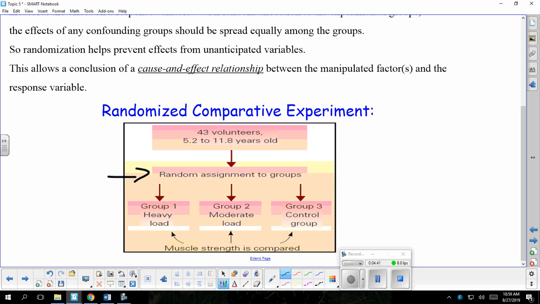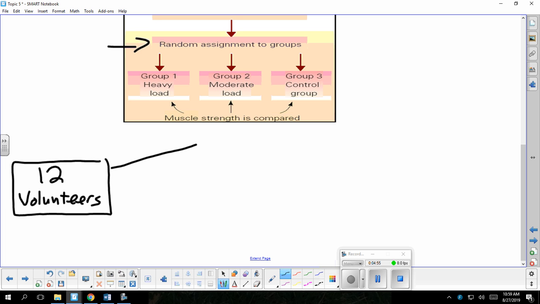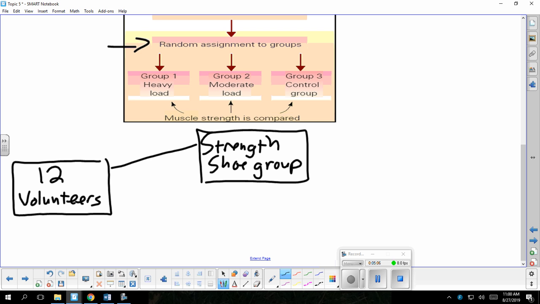Let's take an example a step further. We had our 12 volunteers for our strength shoes. We had our strength shoe group. And then we had our ordinary shoe group.